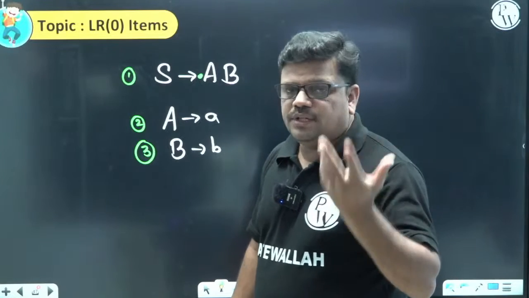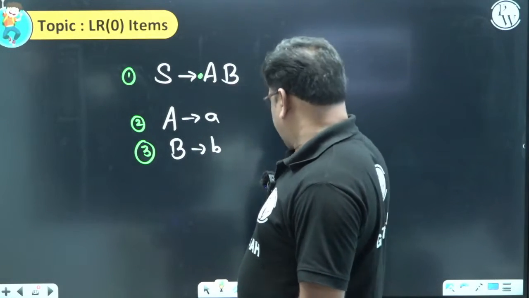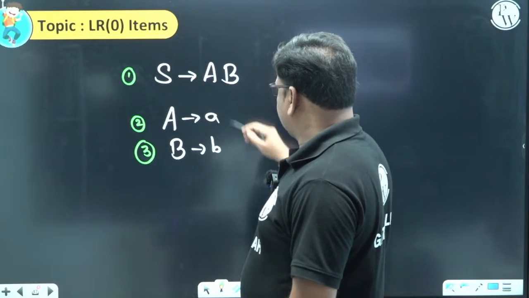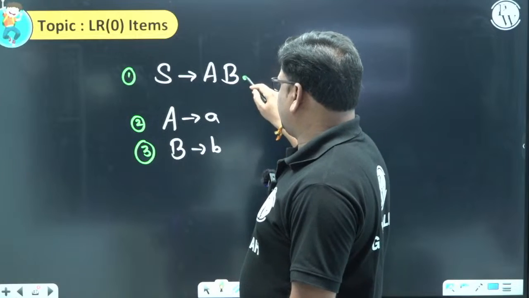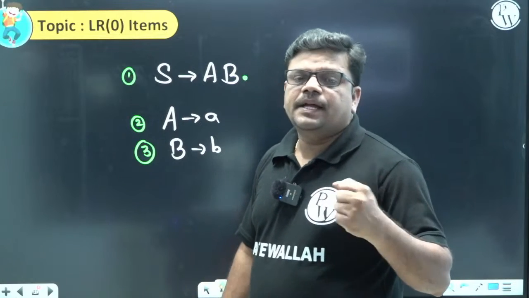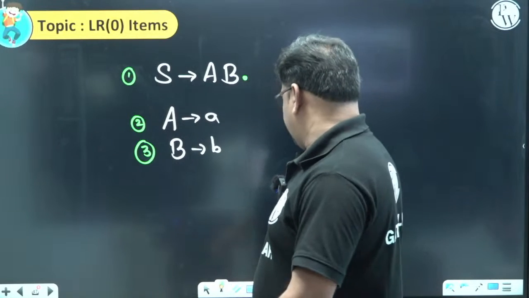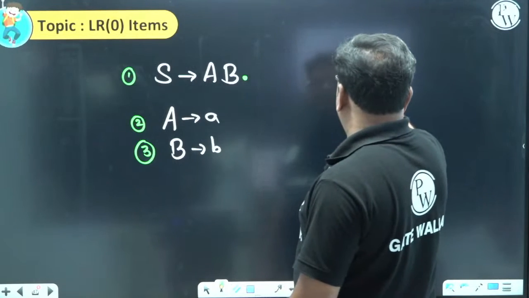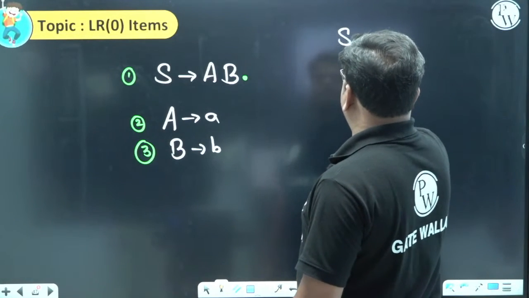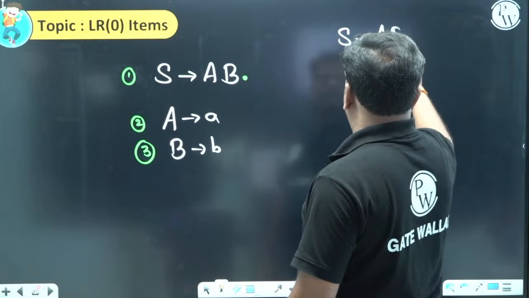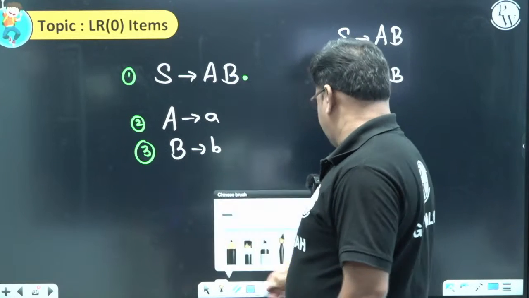Where can we put the dot? Anywhere in the right side. We can start from here. Sometimes we can put it here, and that is also an LR0 item. Sometimes we can put it here, and that is also an LR0 item. So these LR0 items give a particular meaning for us. These are some of the possible LR0 items corresponding to the given grammar production.